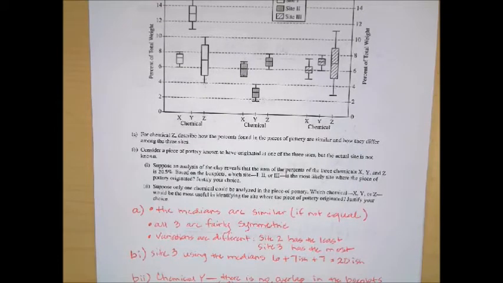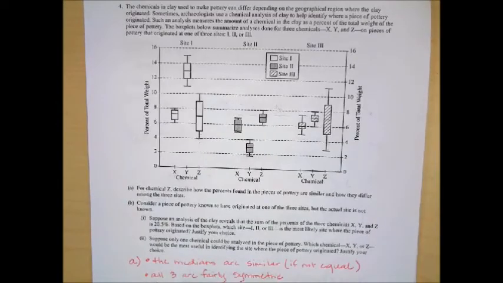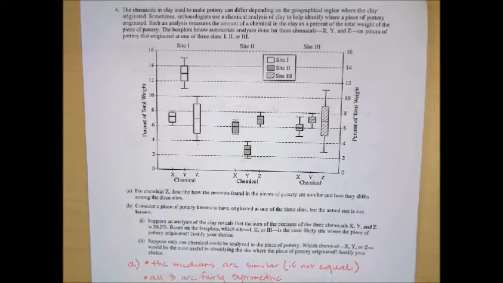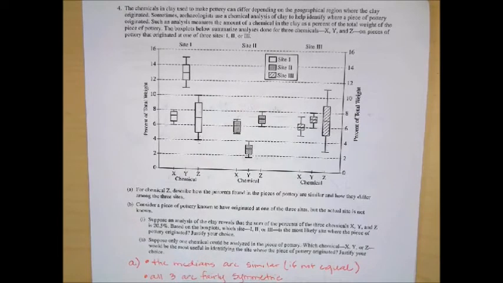Now, the B question says, based on what is the most likely site where the sum of the percentages add up to 20.5?